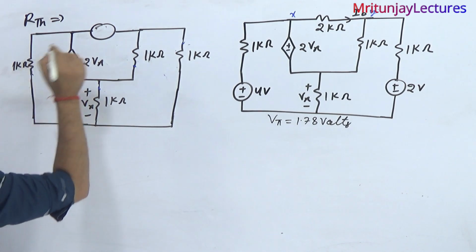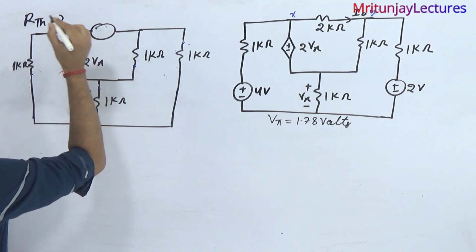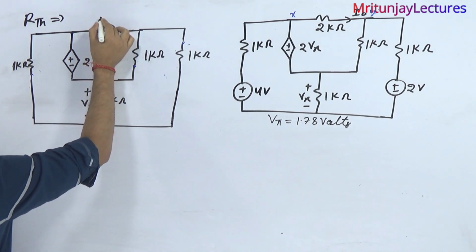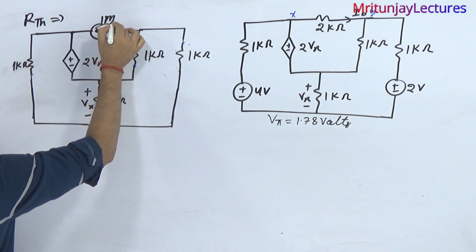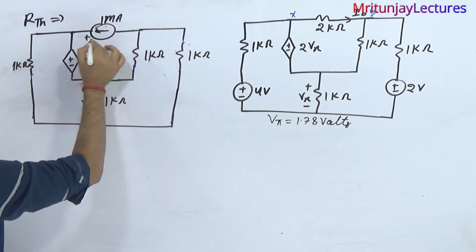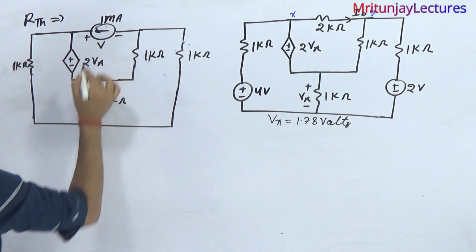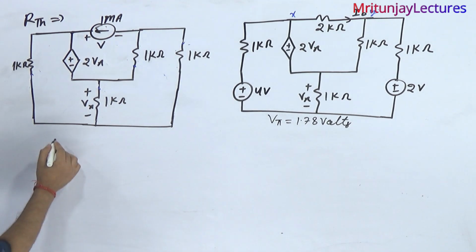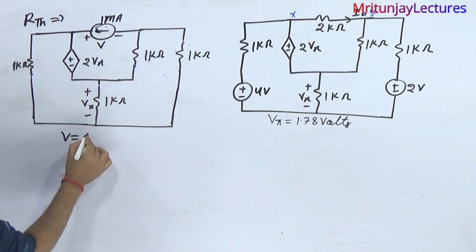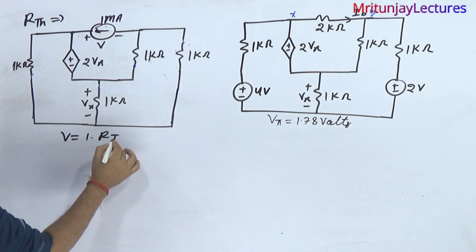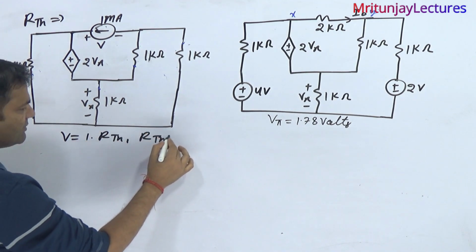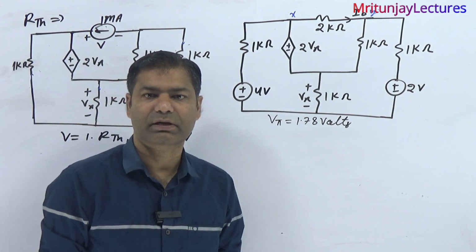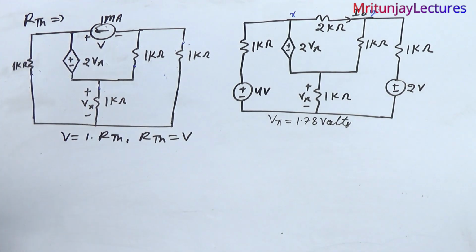If you consider a 1 milliampere current source, and that is plus minus V. Clear? If you focus on 1 milliampere, then V is equal to 1 into RTH. So RTH is V. Basically our motto is to determine V. Clear? How can we determine V?